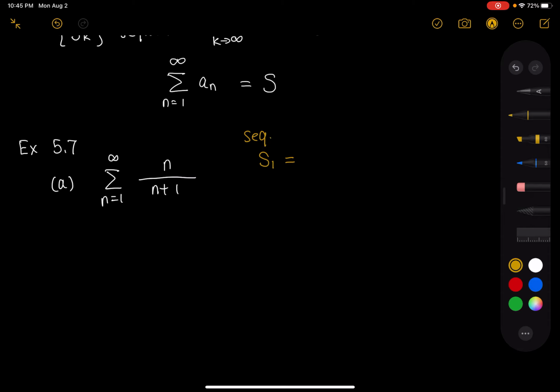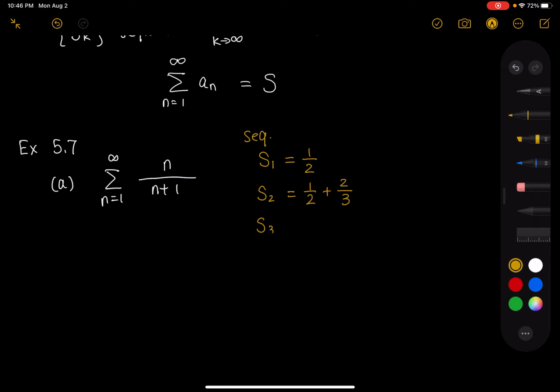We need to look at this sequence. S sub 1, when n equals 1, is just 1 over 2, right? S sub 2 is S sub 1 plus the next term, right? A2, what is A2? 2 over 3.